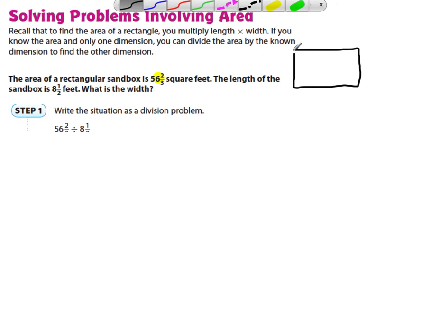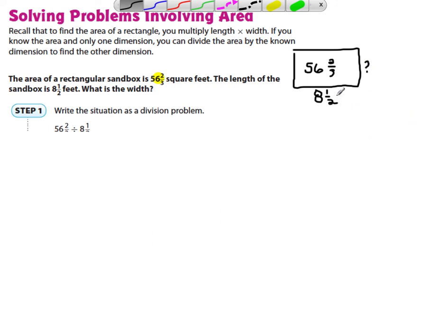It's not perfect, but the whole area is 56 and 2/3. And then I have one of the lengths is 8.5 feet. And I want to figure out the other length.